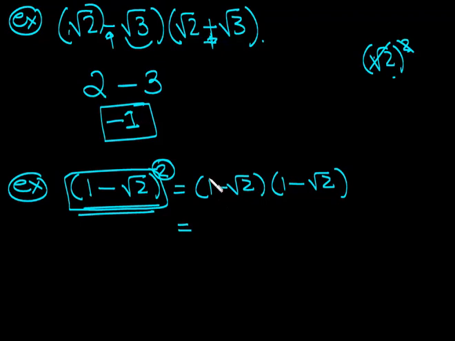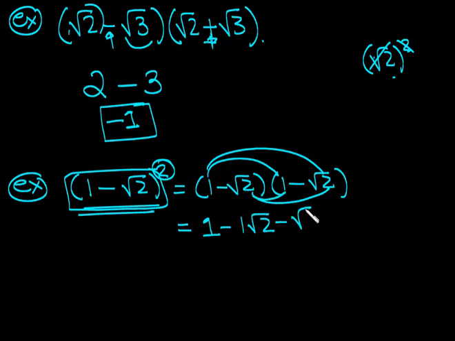So in this case, I'll have to distribute. Take 1 times this, 1 times this. So 1 times 1 is 1. 1 times square root of 2 is just 1 square root of 2. Then you distribute here. So you get negative square root of 2 times 1 is negative square root of 2. And then negative and negative is a positive, first of all.